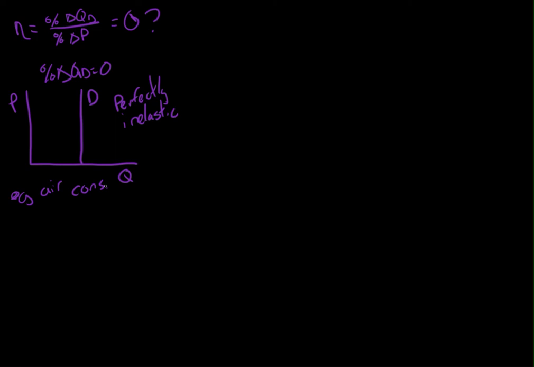Okay. Afterwards, we could think, well, let's look at the other extreme. What happens if this eta value here is equal to infinity? Well, the only way that this price elasticity of demand could be equal to infinity would be if the percentage change in price is equal to 0.